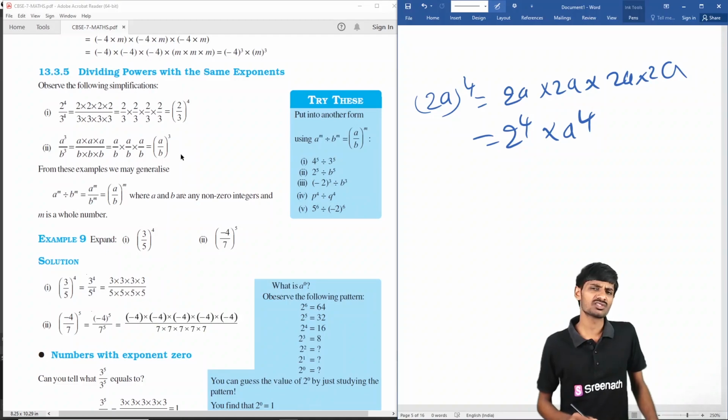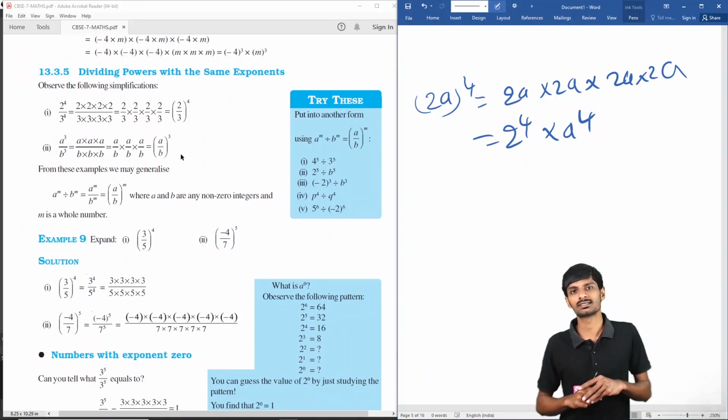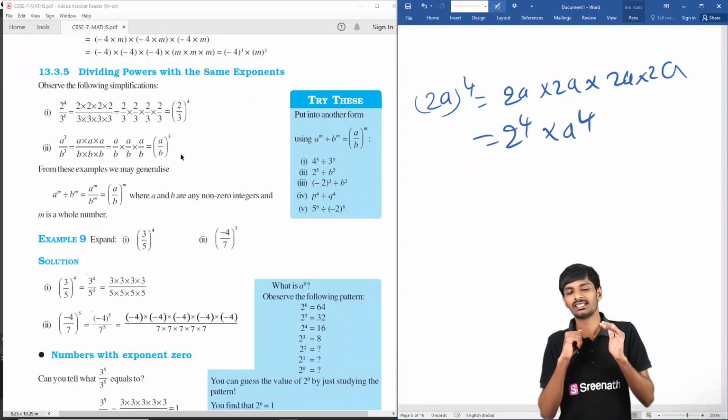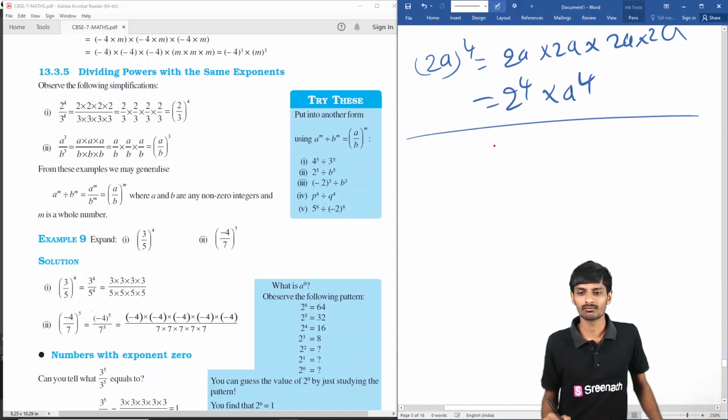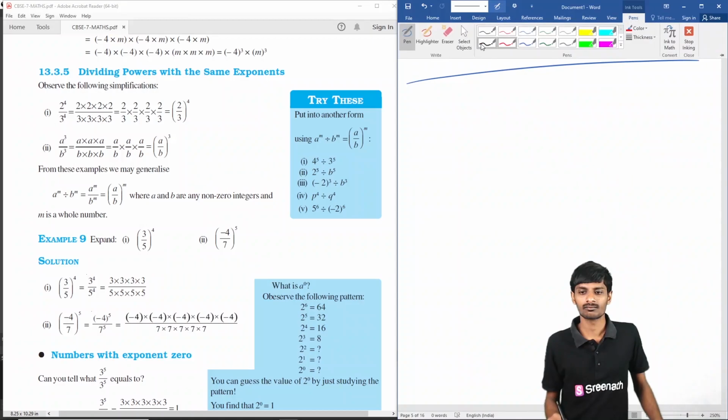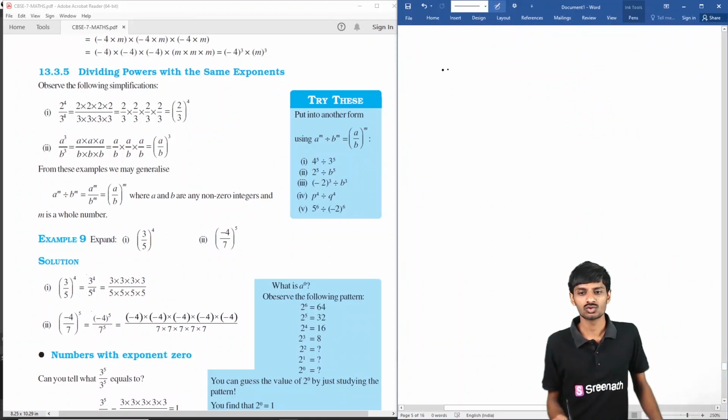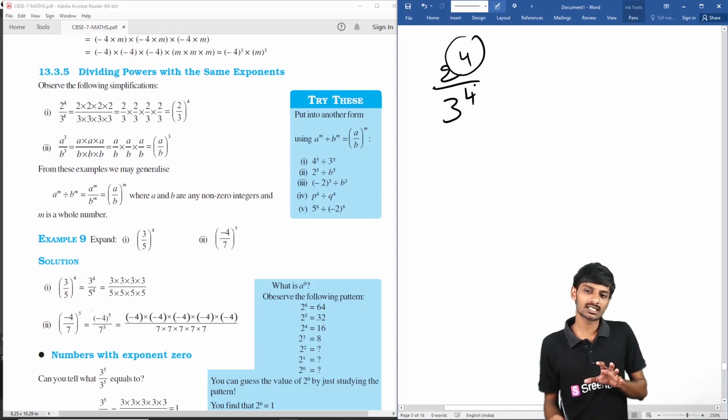Now, dividing. If they have the same exponents, dividing them. So 2 power 4 is divided by 3 power 4. If you see, the exponents are the same, not the bases. So how can you do this?